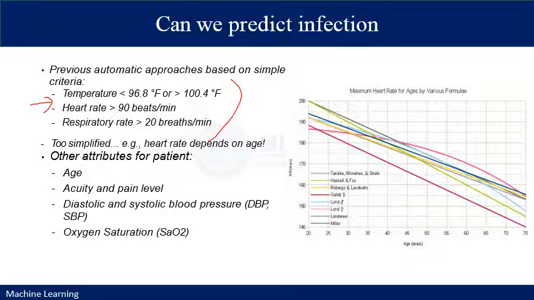But as you can observe, these are very simplified observations, because to take the example, the heart rate is also dependent on the age, and you have to encounter these assumptions as well. So you may look for other attributes of the patient, such as the age, level of the pain and the acuity of the pain, the blood pressure level, and the oxygen saturation to make a better decision.